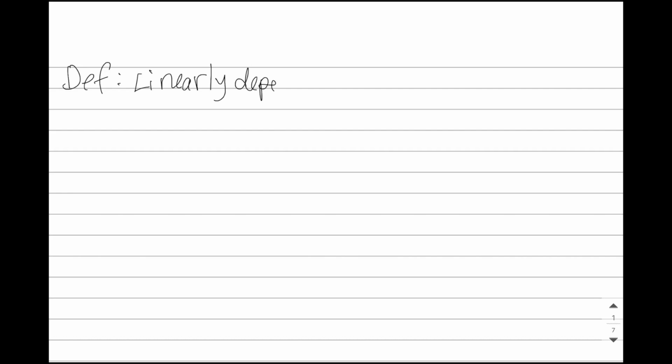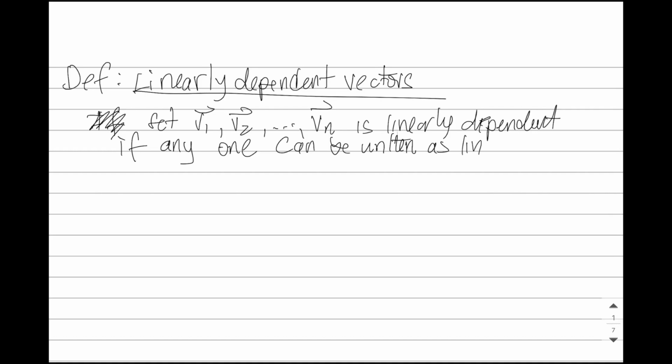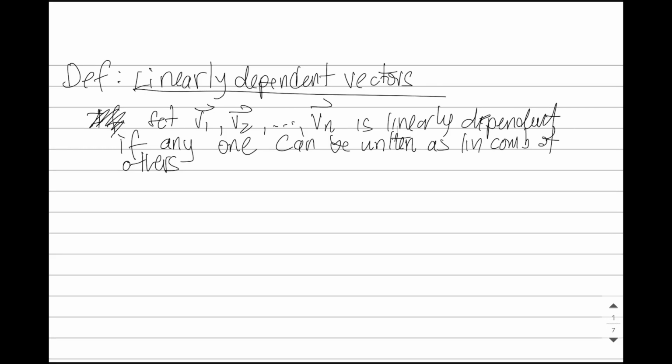Linearly dependent vectors. If you've got a set of vectors, v1, v2, and we're going to assume they all have the same number of components, a set of vectors is linearly dependent if any one of them can be written as a linear combination of the others. In the previous examples, the set u and v is a linearly dependent set because v was twice u.